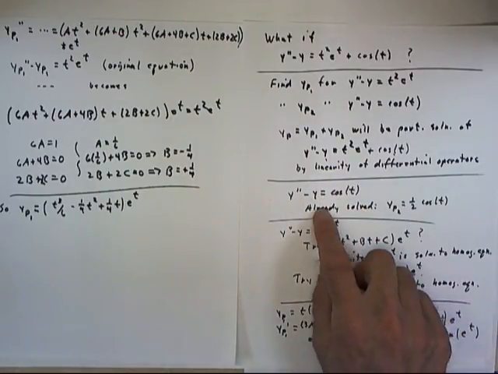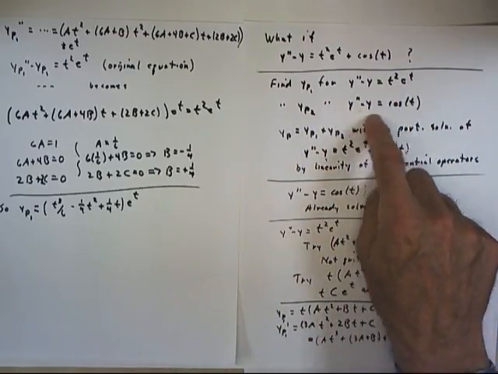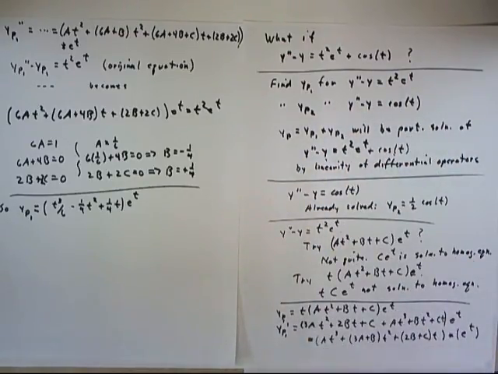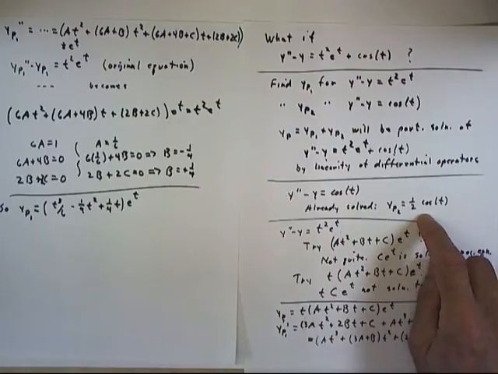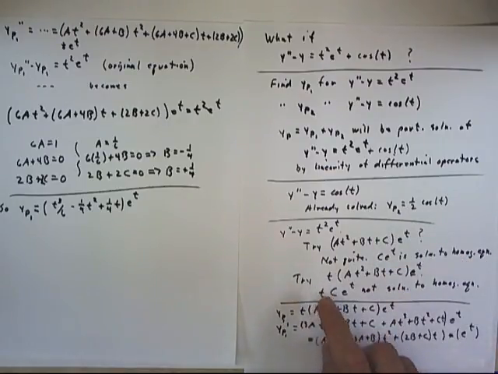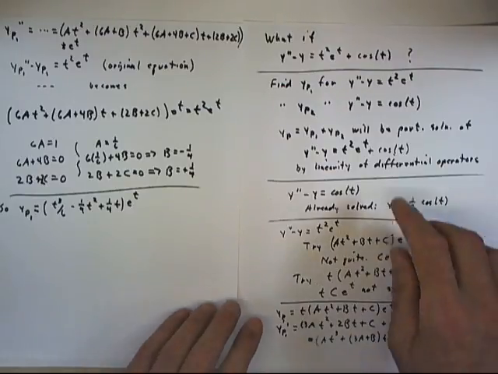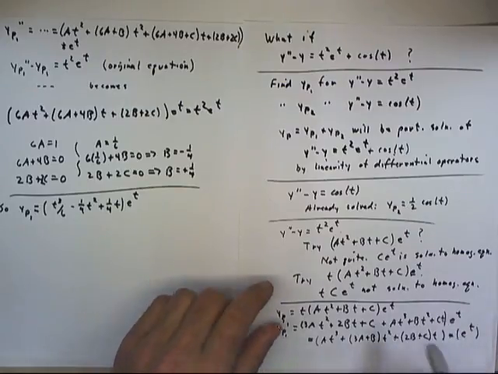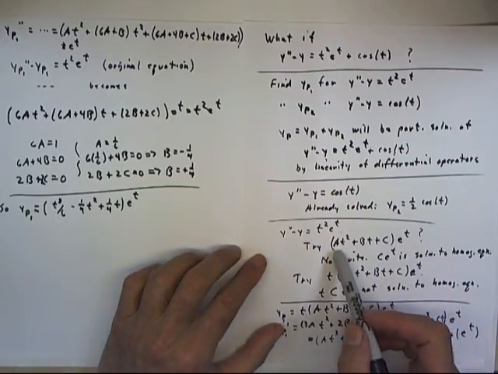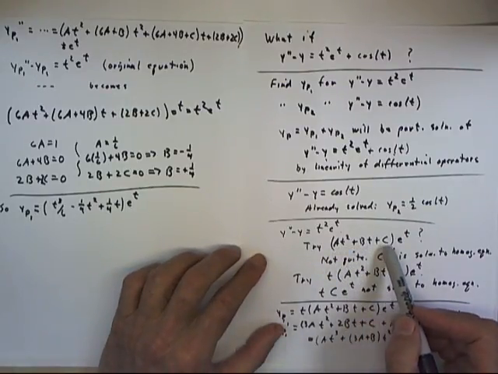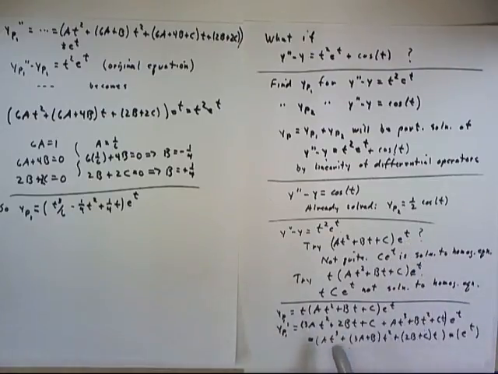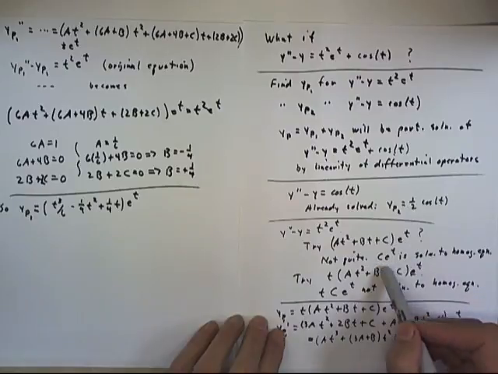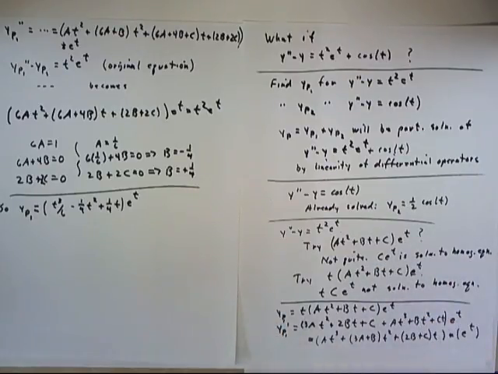Recall that we previously solved the second equation, giving us yp2 is 1/2 cosine of t. And now we're trying to solve the first equation, and we've seen that we can't use a solution at squared plus bt plus c e to the t to match up with the t squared e to the t, because c e to the t is a solution of the homogeneous equation.